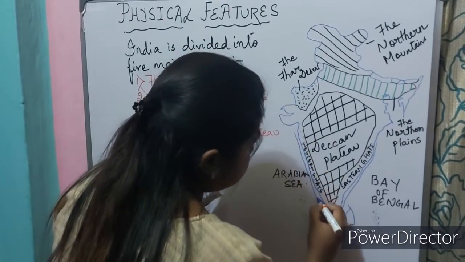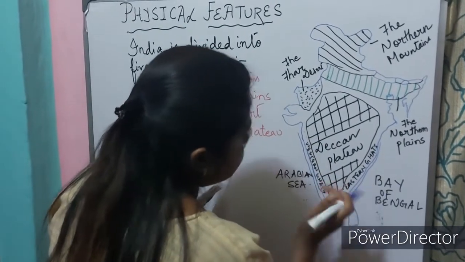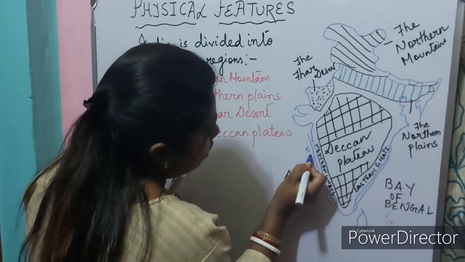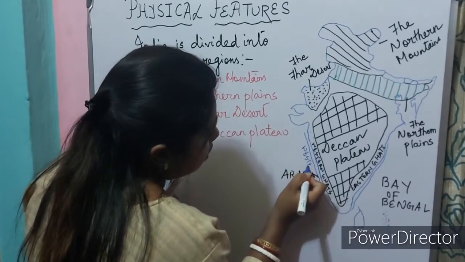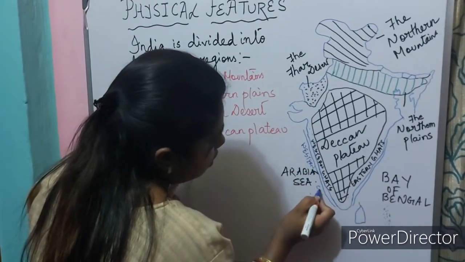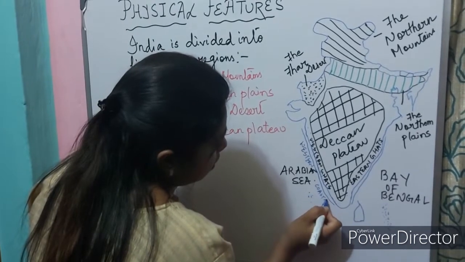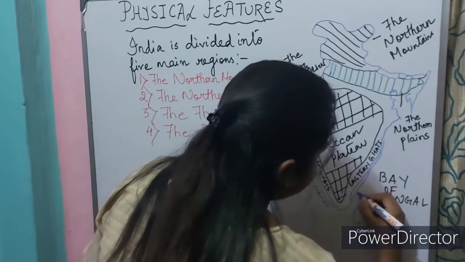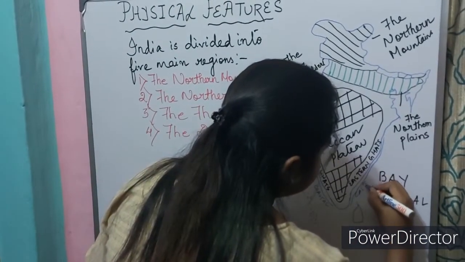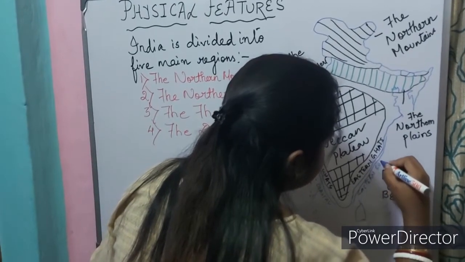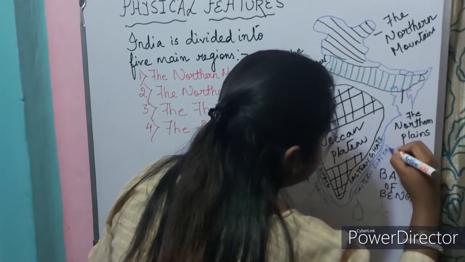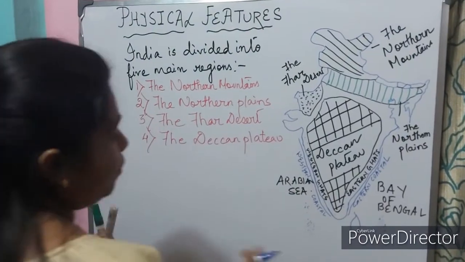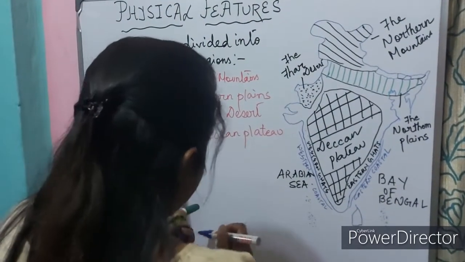This is the western coastal plain and this is the eastern coastal plain. And here are my islands.